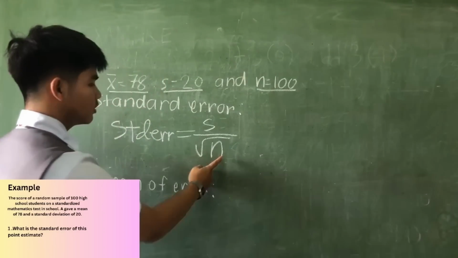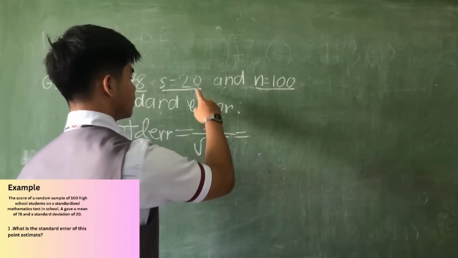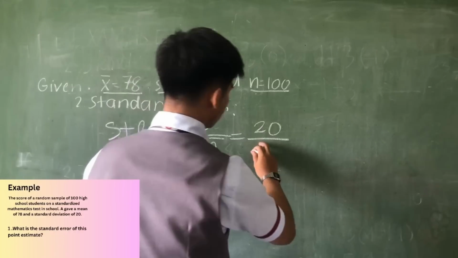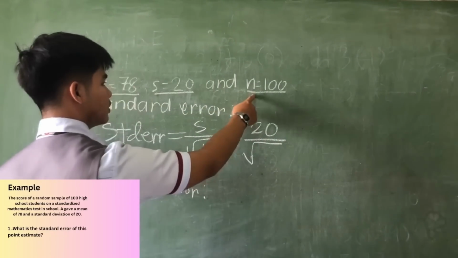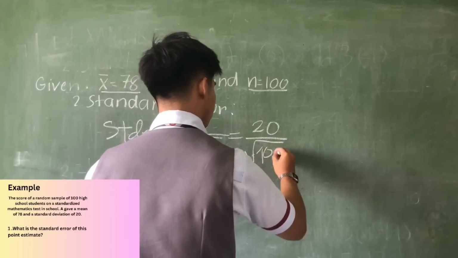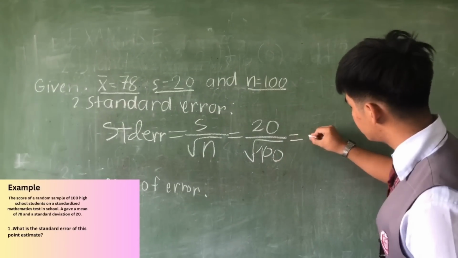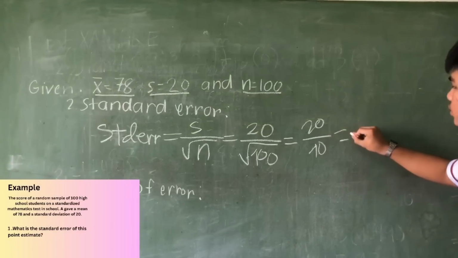Now substitute the given: standard deviation is 20 over the square root of 100. The square root of 100 is 10, and 20 over 10 equals 2.